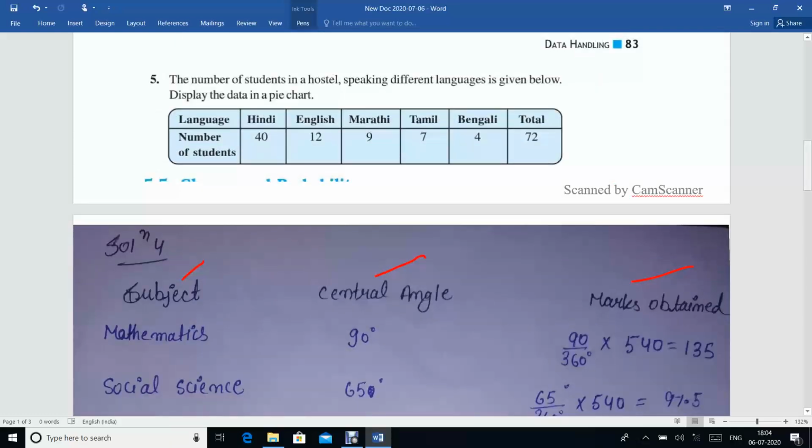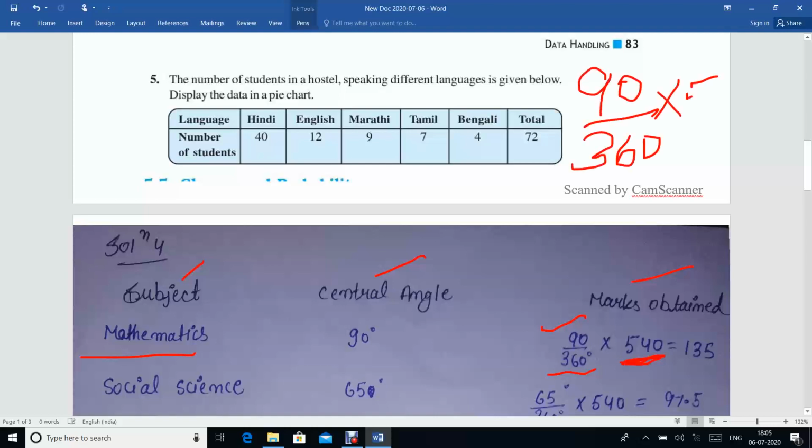To find the marks obtained by the student in mathematics, you have to apply the formula: central angle divided by 360 multiplied by 540, where 540 is the total marks. If you solve 90 divided by 360 multiplied by 540, you will get 135. Means the student got 135 marks in mathematics.